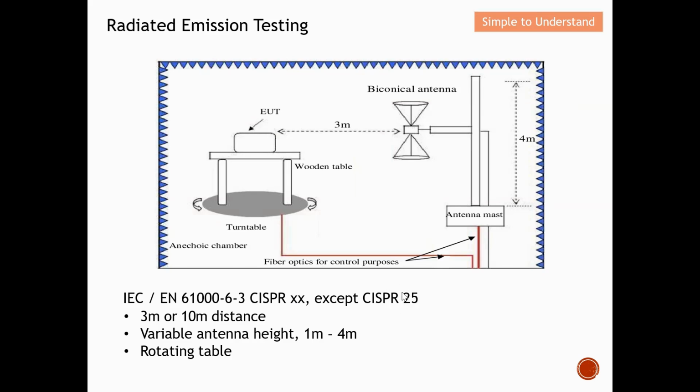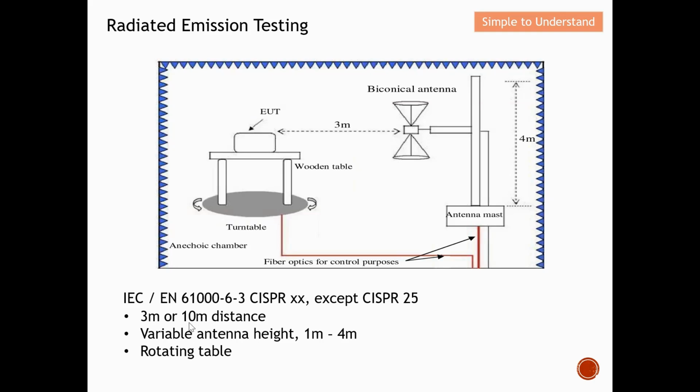For CISPR 25, the distance between the turntable and the antenna is 1 meter, and typically they have some constraints on the testing. But whatever we discuss here, or the demo that you're going to see, falls under the CISPR 11 standard. Under CISPR 11, the distance between the turntable, or the DUT, and the antenna can be either 3 meters or 10 meters.